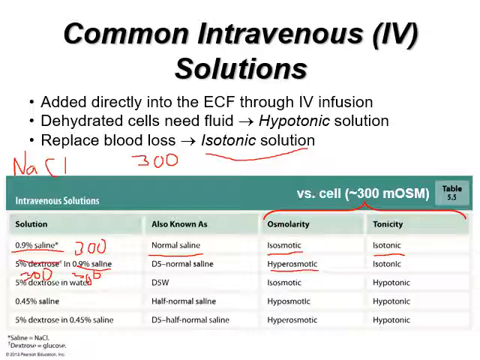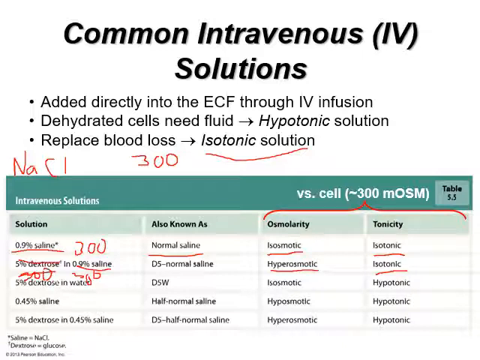So we can just disregard this 300. When we're talking tonicity, we don't have to worry about penetrating solutes. What we do need to worry about are the non-penetrating solutes. In this solution, we have 300. We compare 300 to 300 in the cell, and that ends us up with an isotonic solution. Okay.